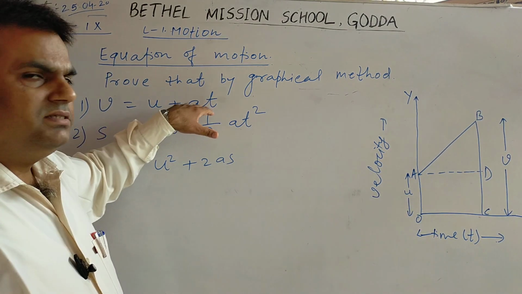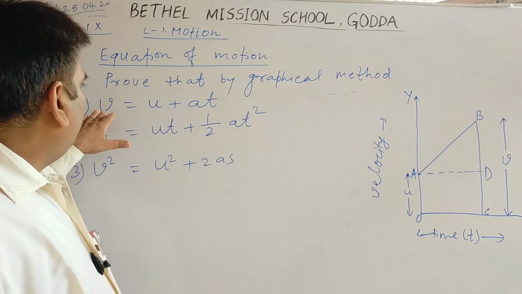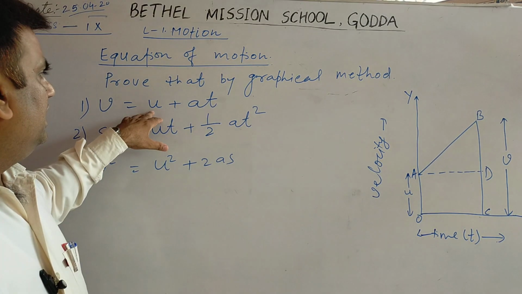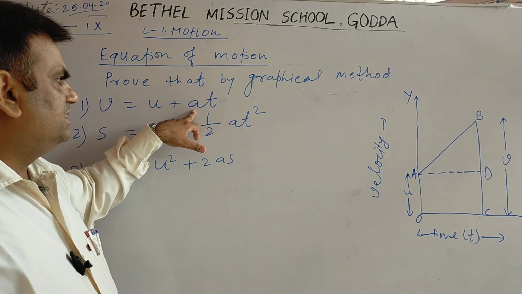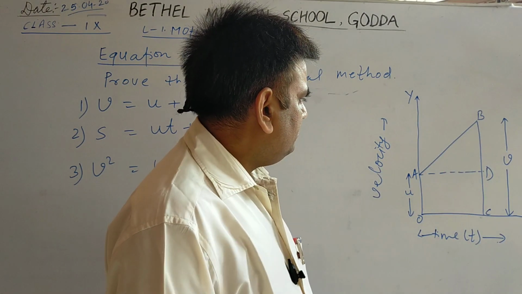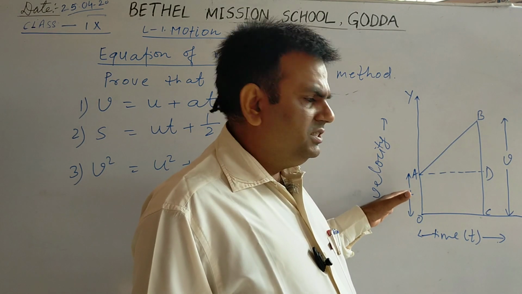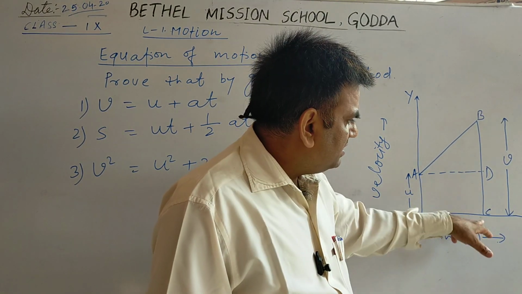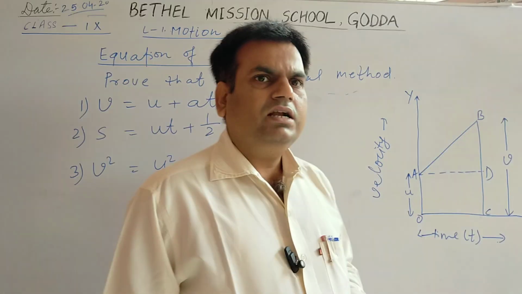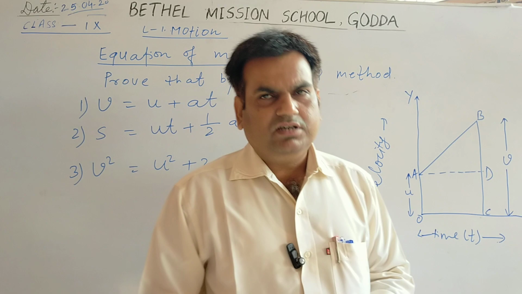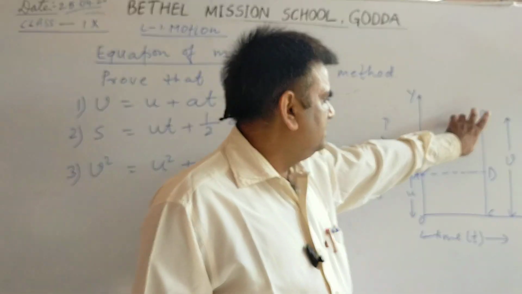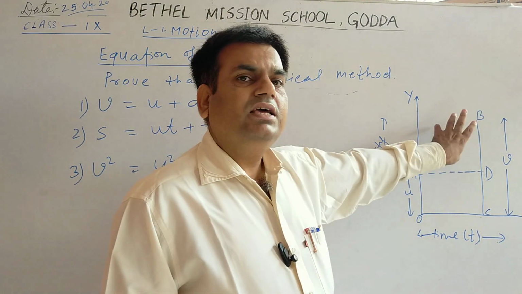v equal to u plus at, where v equal to final velocity, u equal to initial velocity, a equal to acceleration, and t is the time. In this graph, the object moves with initial velocity u, and after time t it reaches the point B. As you know, we have already discussed in the graphical method that in a velocity time graph, the slope represents acceleration.